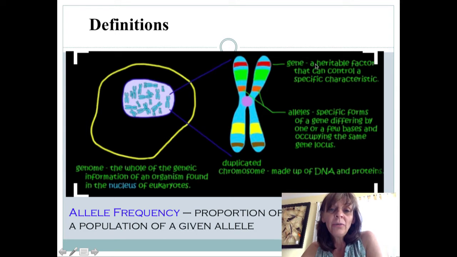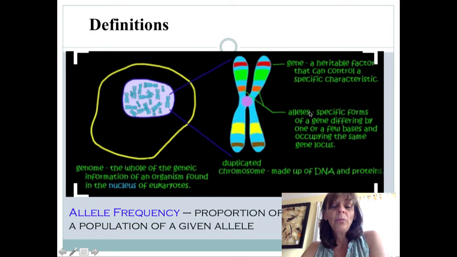You have a gene, which is a heritable factor that can control a specific characteristic. So eye color, widow's peak, skin color, height, etc. The different forms of those genes are called alleles.